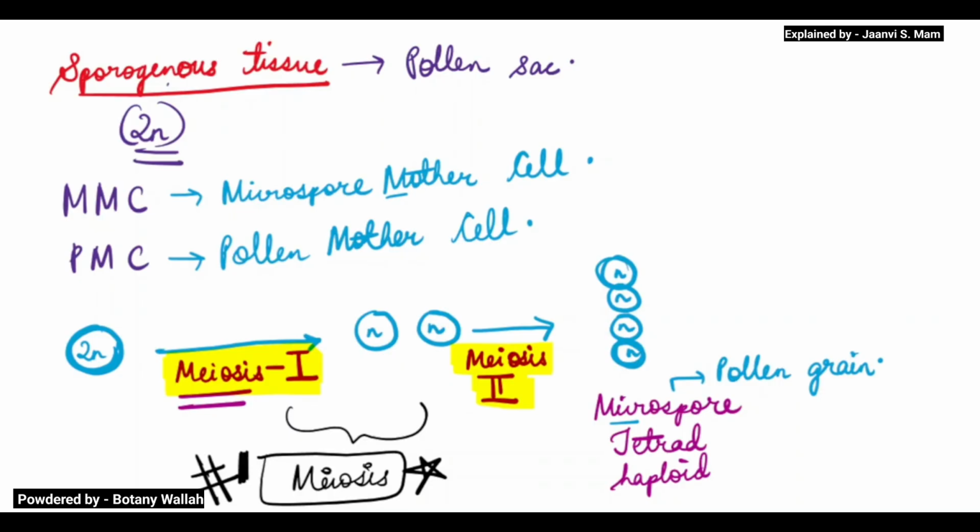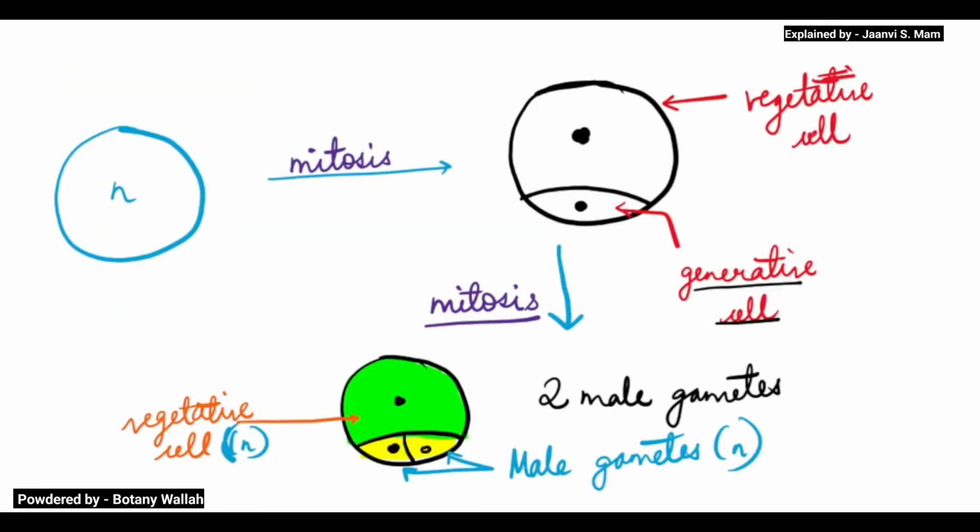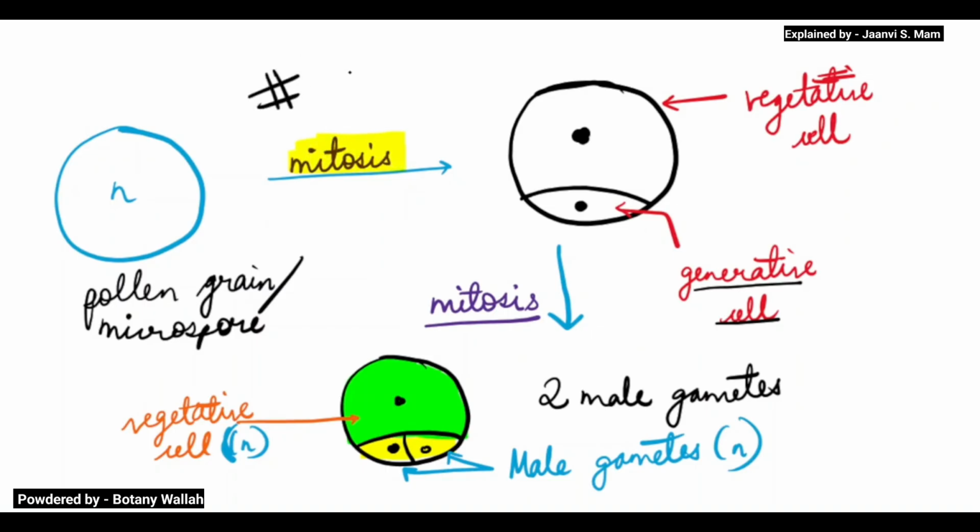Then if we move forward, you can see that this pollen grain, also known as microspore, undergoes mitosis. So this is the second cell division, and it is mitosis.